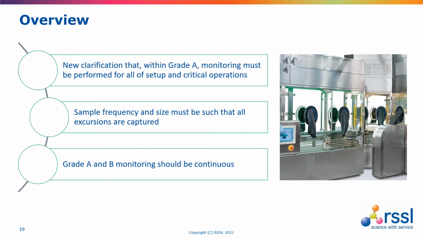That the sample frequency and size must be such that all excursions can be captured. And this is one reason why there's been a shift more towards continuous or intermittent active air sampling. And the requirement that A, grade A monitoring needs to be continuous, and B, ideally should be continuous as well.